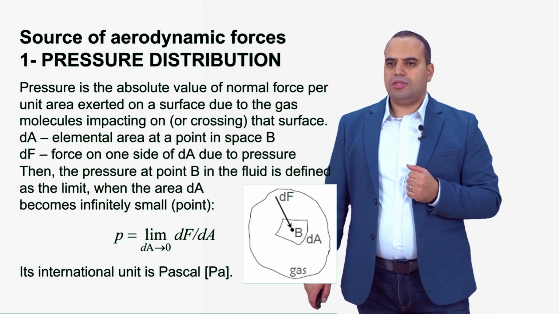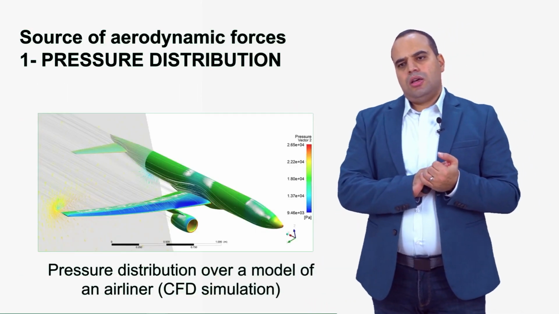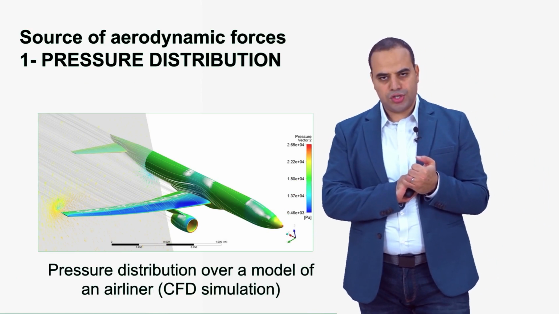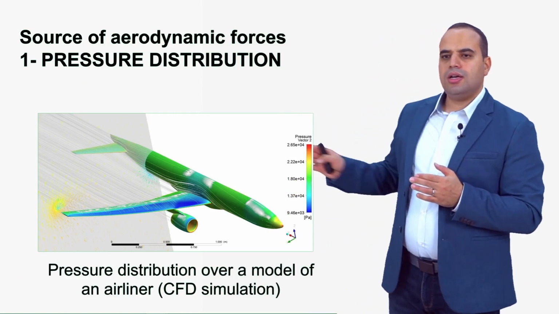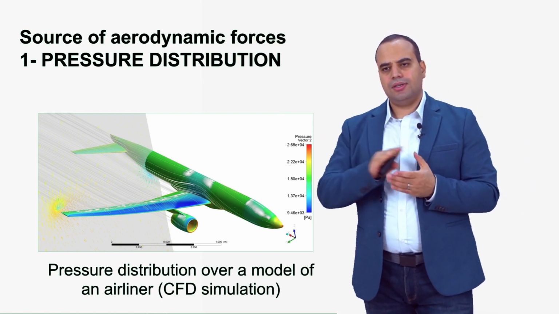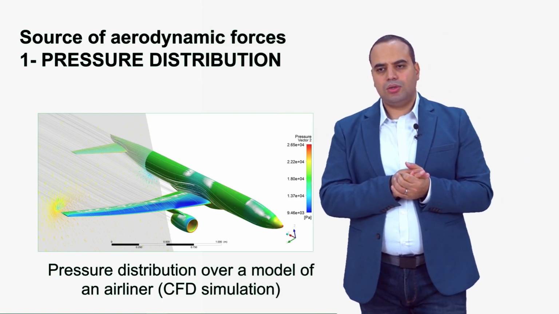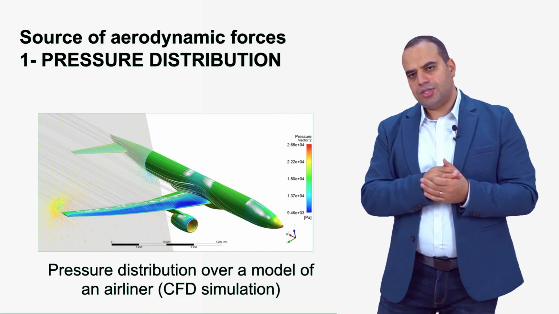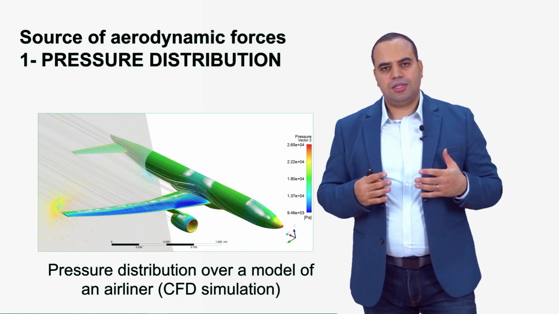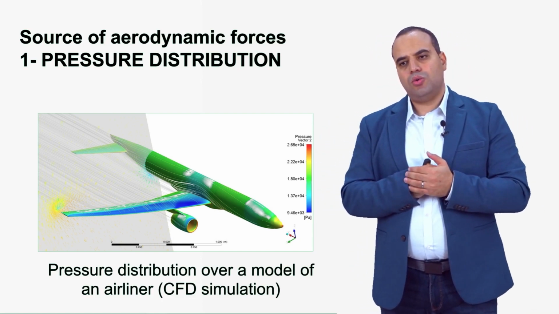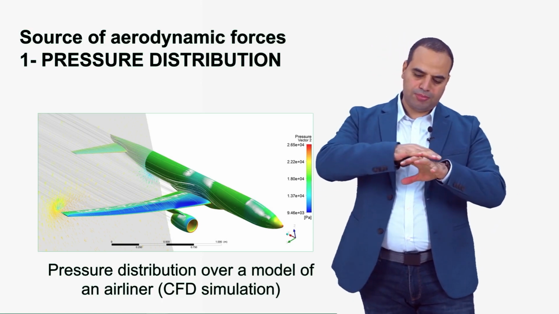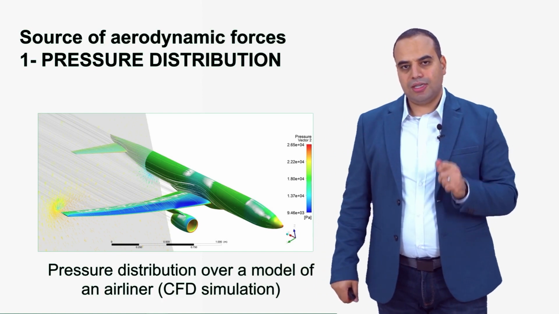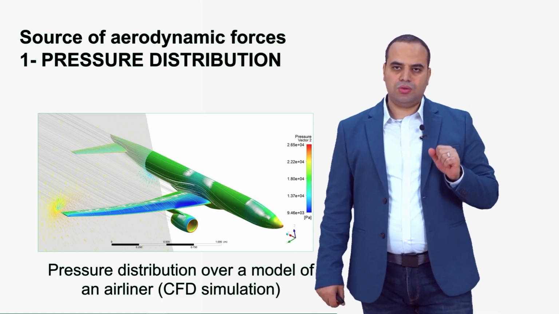If we talk about an aircraft, for example, like this one, then all of this surface is experiencing a friction drag: the surface of the fuselage, the wing, the engines, the pylon that is used for holding the engine, the belly fairing beneath the fuselage where the wing is attached, and the tail. All of these objects have what is called a wetted surface, a surface that is washed by the gas. So when the gas passes over this surface, it is inevitably going to generate a large amount of drag, which is called the friction drag.